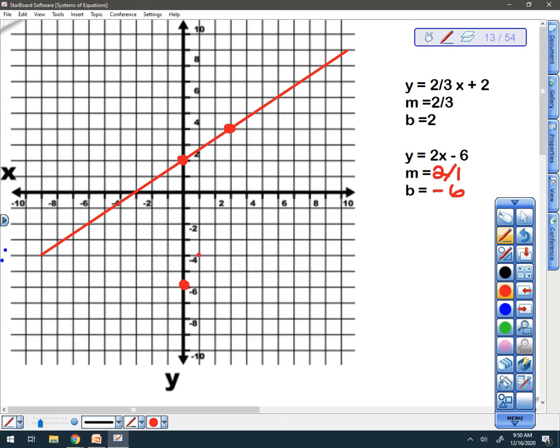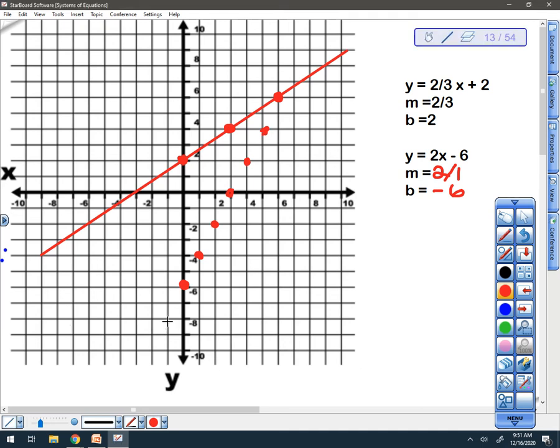The easiest thing is to just keep following that pattern until you hit the other line. And then it hits the line right there.